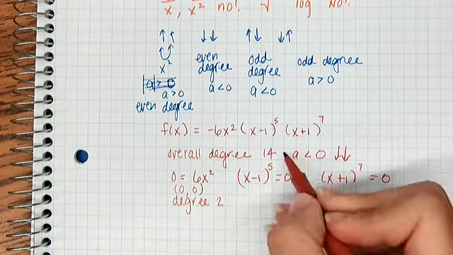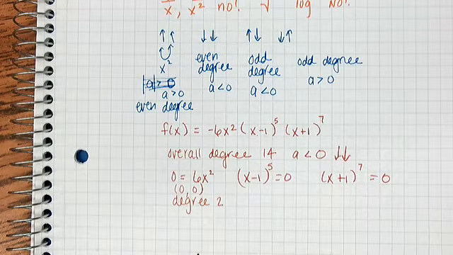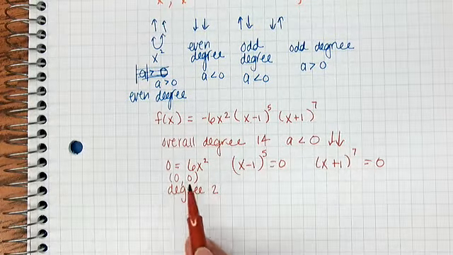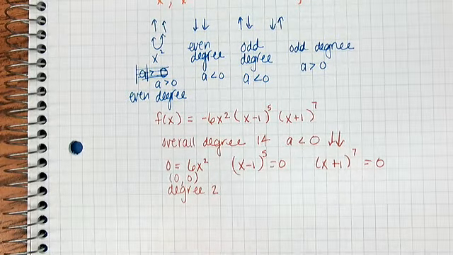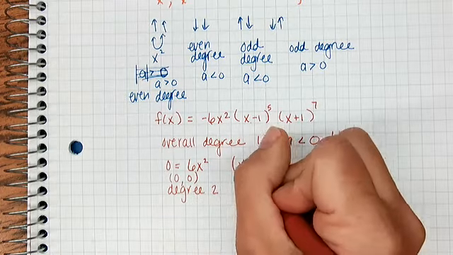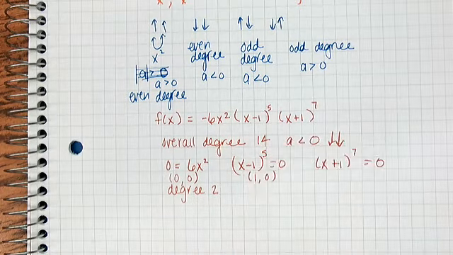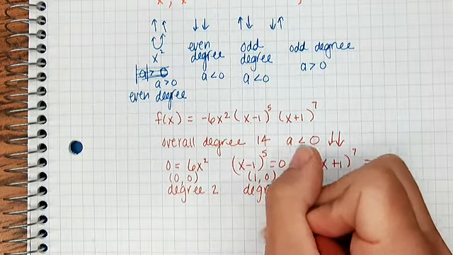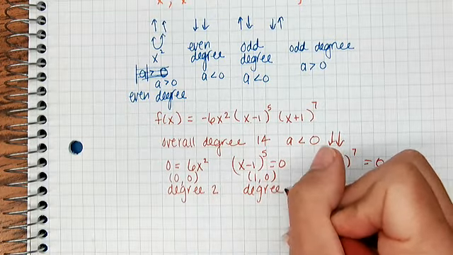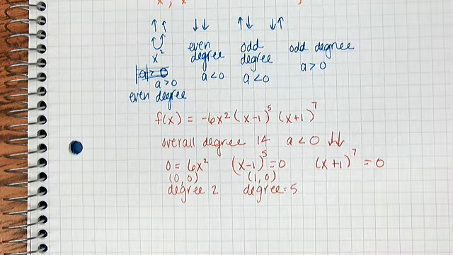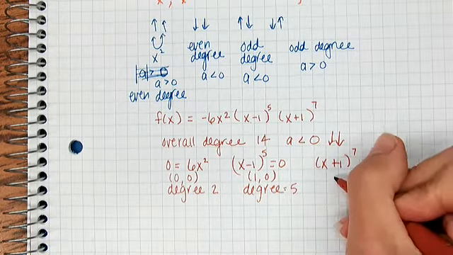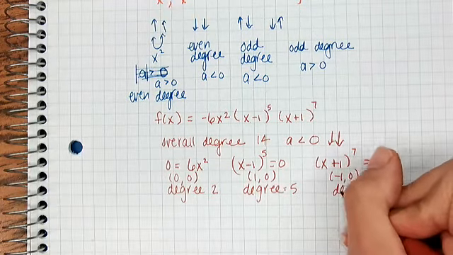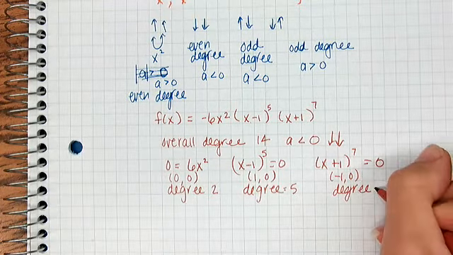The overall degree of this polynomial is 14, but the individual degree of the x-intercept at the origin is 2. This would have an x-intercept at 1, 0, and the degree of this particular x-intercept would be 5. And here you would have negative 1, 0, and the degree would be 7.